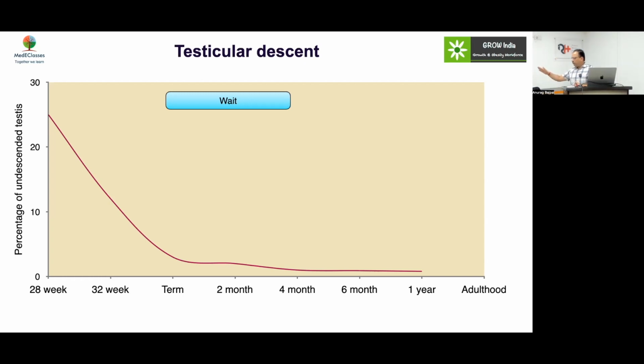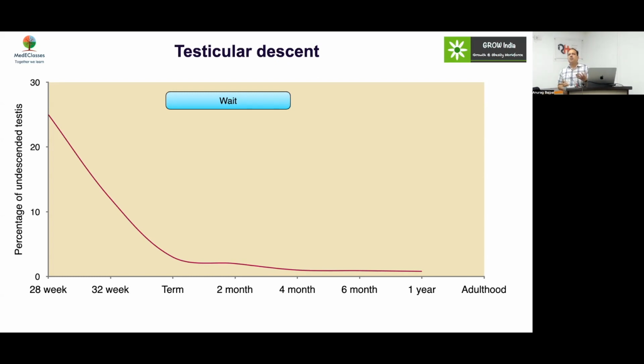So now this figure of 1 year comes in. So why do you think, Dhwani, this figure of 1 year comes? It was found that beyond 12 to 18 months, if we wait, then yes, there are chances of infertility and tumor.